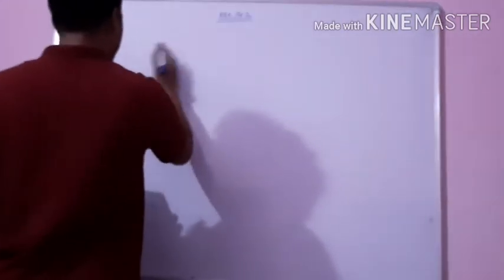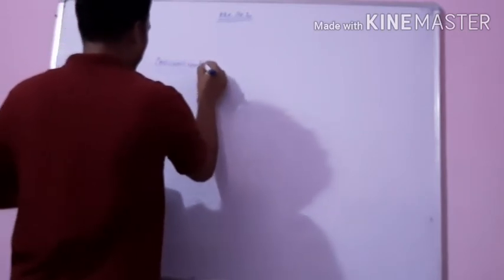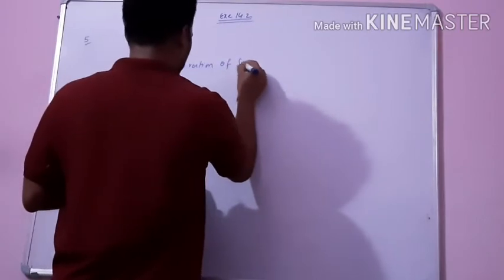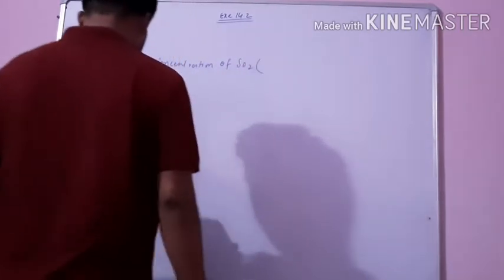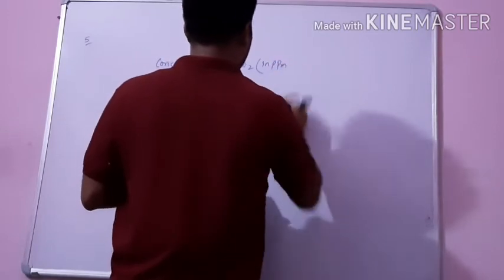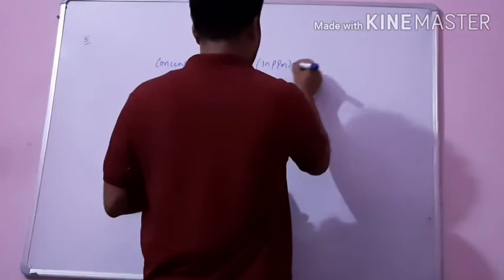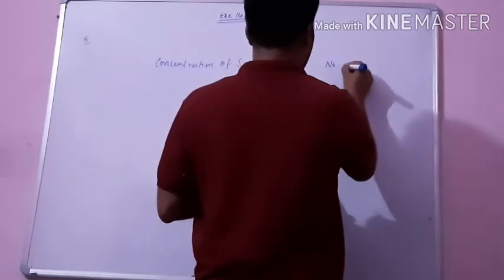What you can write: concentration of SO2 in ppm, ppm is parts per million, and second is number of days.